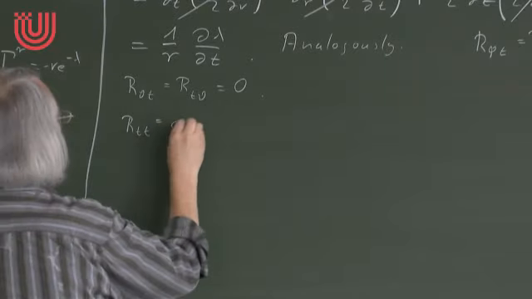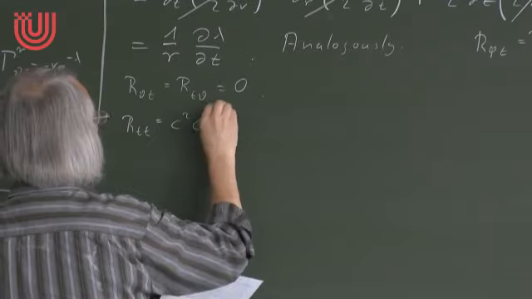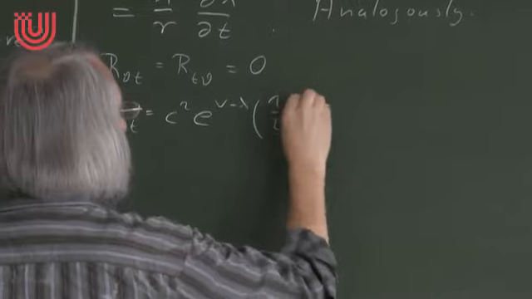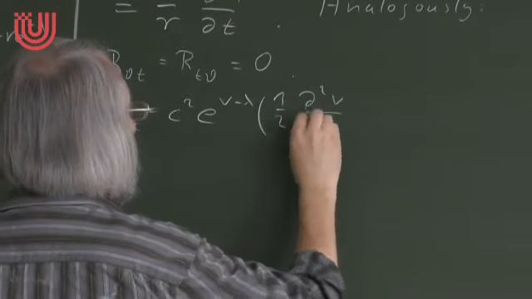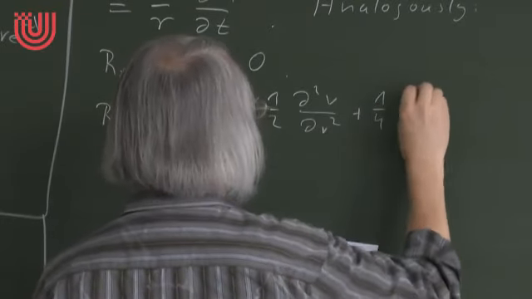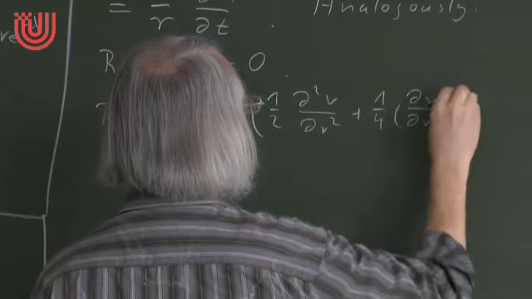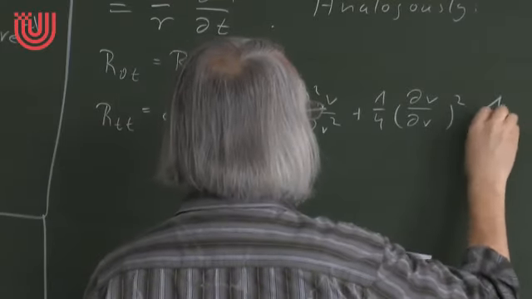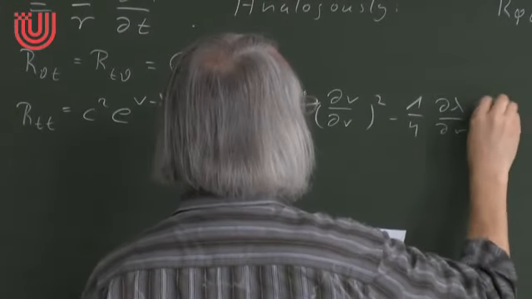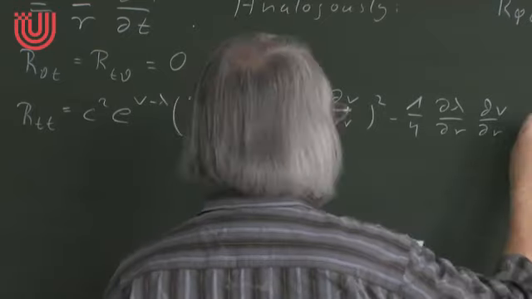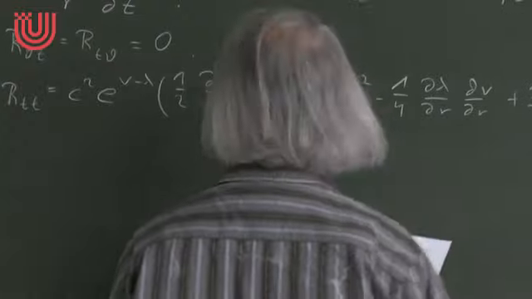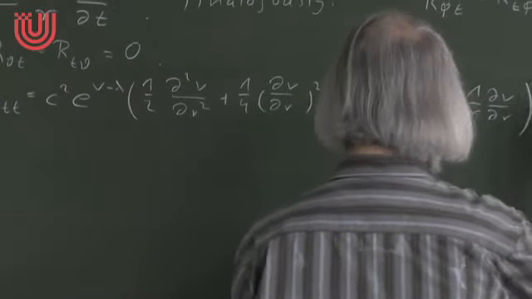RTT is fairly long. RTT is c squared e to the nu minus lambda, 1/2 d2 nu dr squared, plus 1/4 d nu by dr squared, minus 1/4 d lambda by dr, d nu by dr, plus 1/r d nu by dr. That's not the whole story.